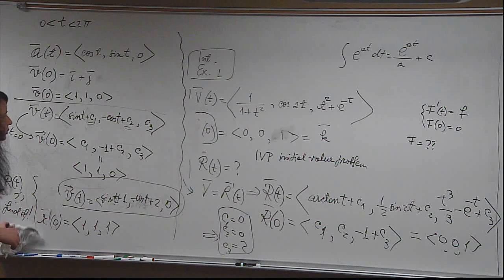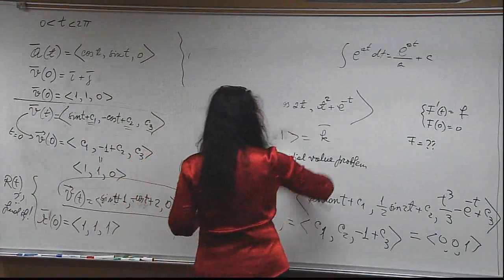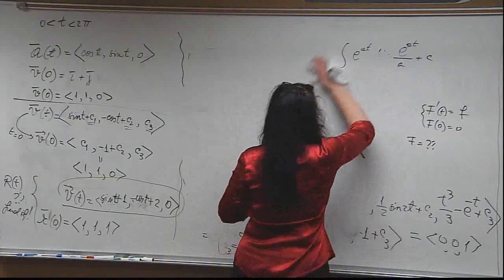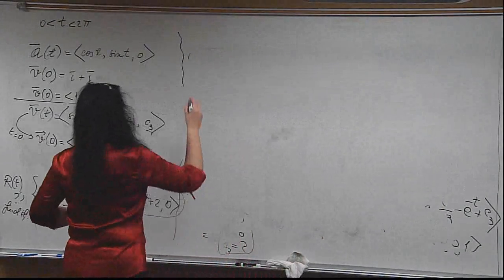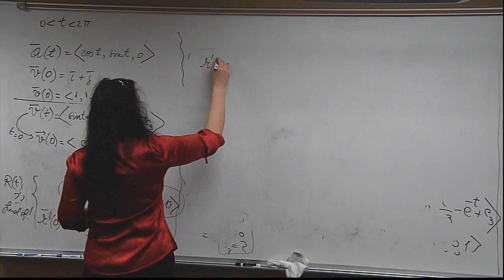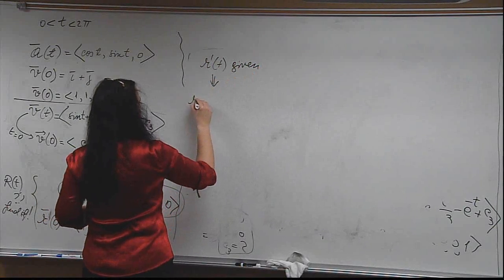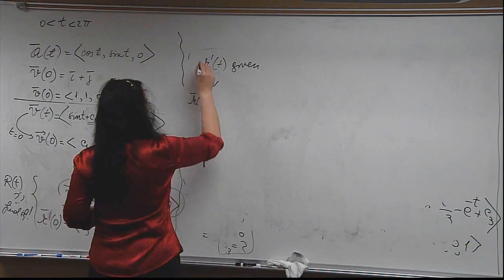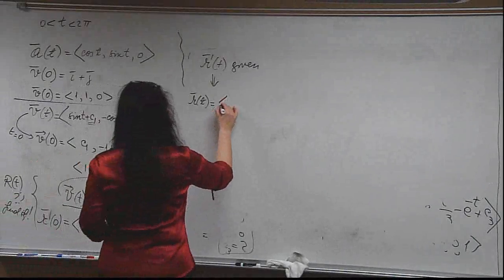So what do you need to do next? You have r prime given. That leads you to integrating, you get r of t. And r of t is going to be what? Who is going to tell me what I have to write down?